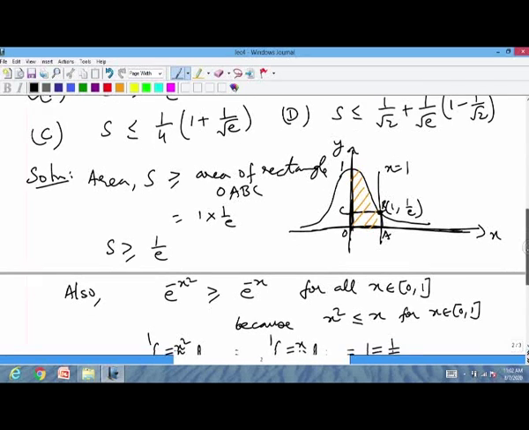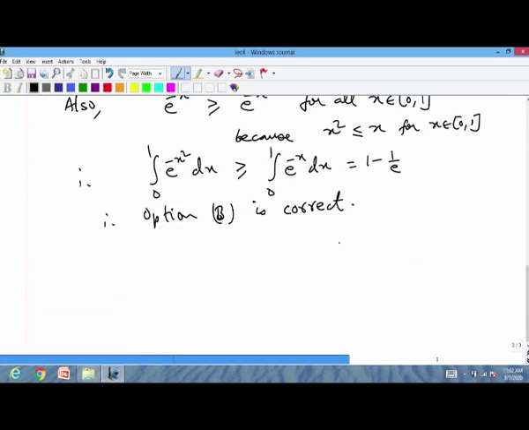So, if we draw this, this is 1, 0. If we look at the point 1 by root 2, then 1 by root 2 is the width of this rectangle, and the height is 1.